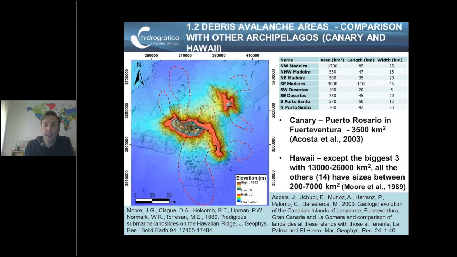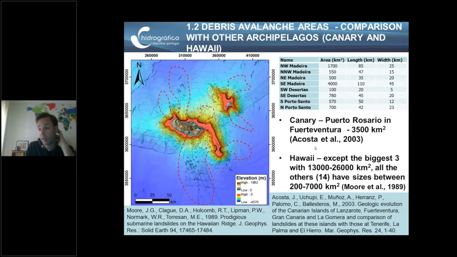So here on this table, we can see the sizes of the areas of the debris avalanches, and you can see that the biggest one is from the southeast Madeira, which is this one, and it has around 4,000 square kilometers. And we can see that the biggest one in the Canary is Puerto Rosario in Fuerteventura, which is more or less a similar size.